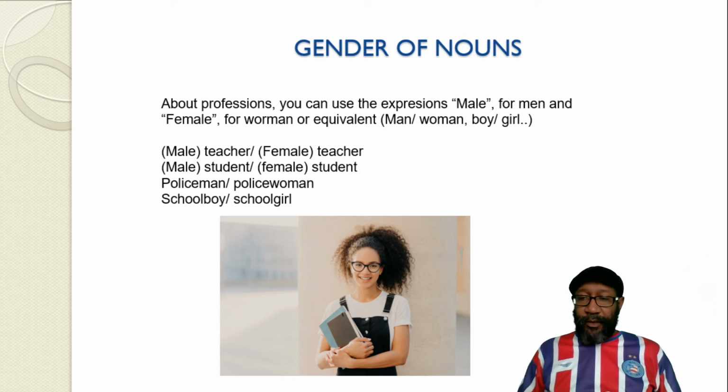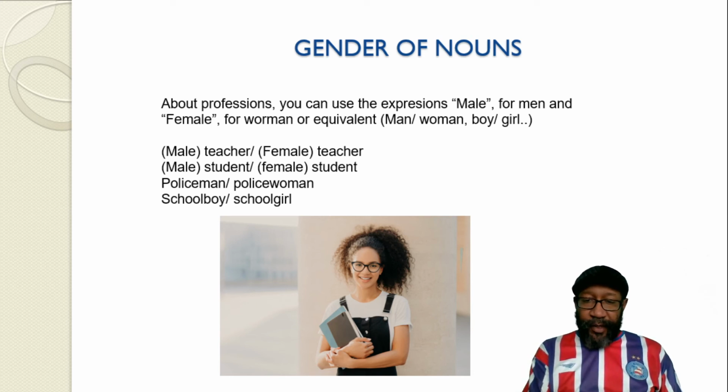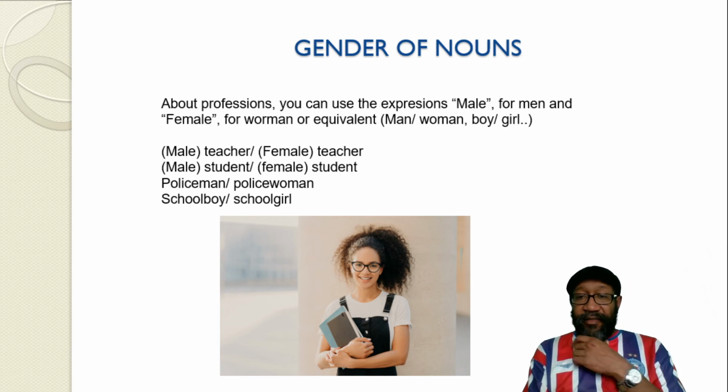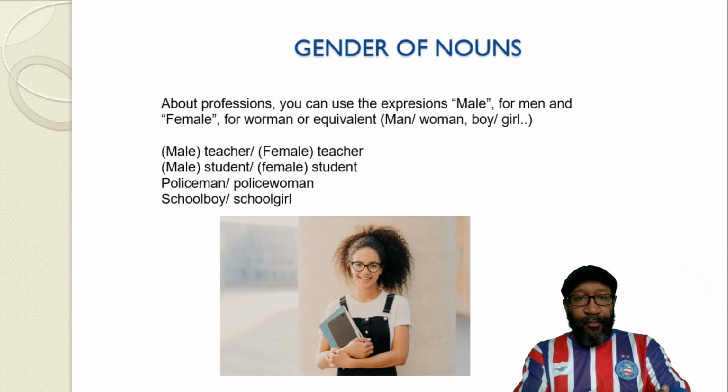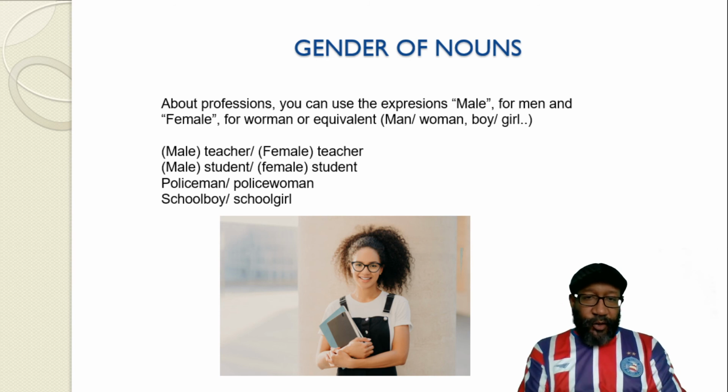So if you want to highlight this information about gender in a very clear way, you use expressions like male, female, man, woman, boy, girl. It's up to you if you want to clarify if it's a man or woman. It's a choice for the person.